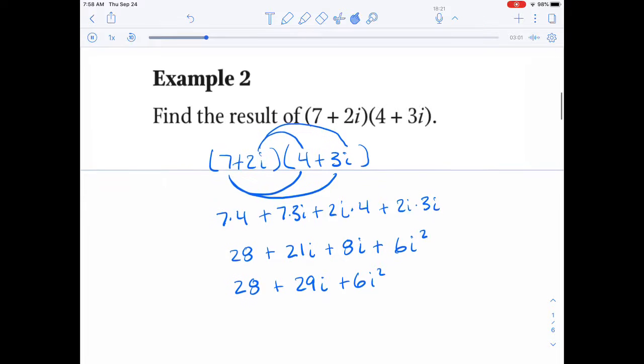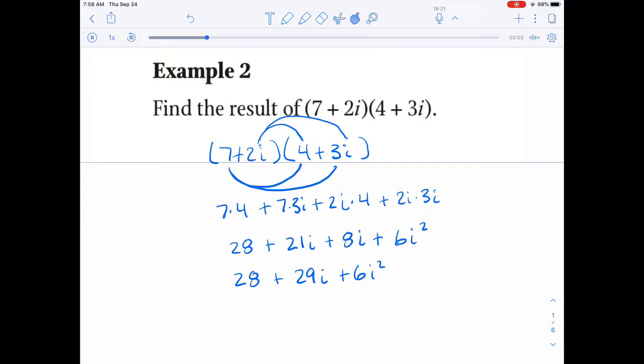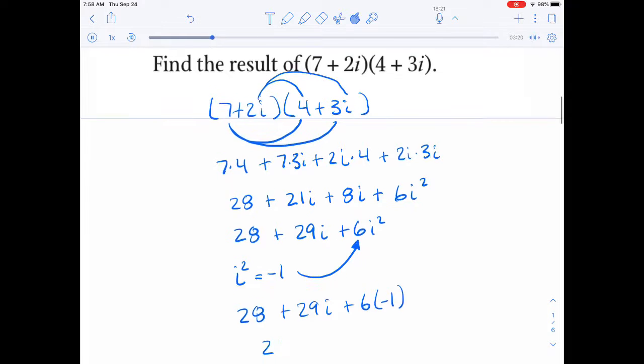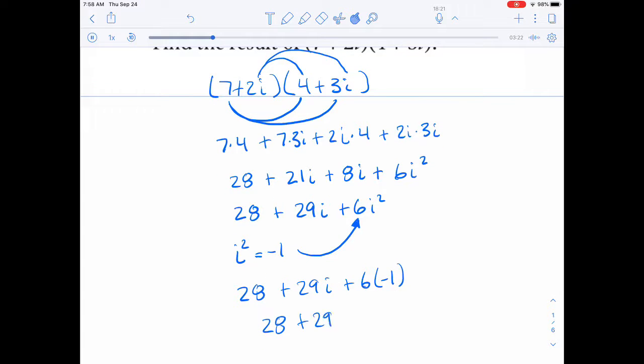Let's simplify this even further by substituting the fact that we know i squared is equal to a negative 1 in for the last term there. So we have 28 plus 29i plus 6 times a negative 1, which is 28 plus 29i minus 6.